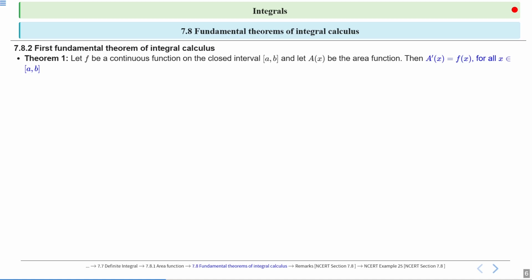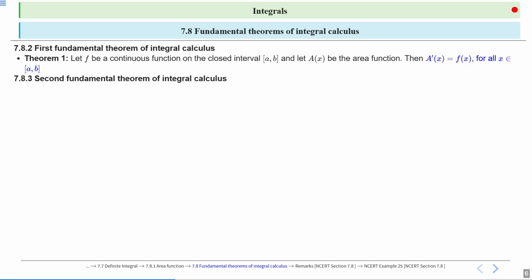Okay, so now we see what is the first fundamental theorem of integral calculus. So the statement is, let f be a continuous function on the closed interval a to b, and let A(x) be the area function, then A'(x) is equal to f(x) for all x belongs to [a, b].